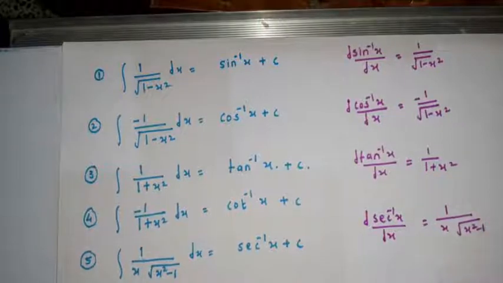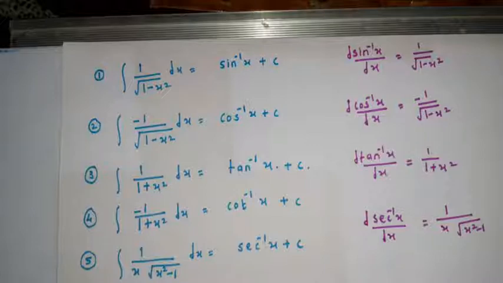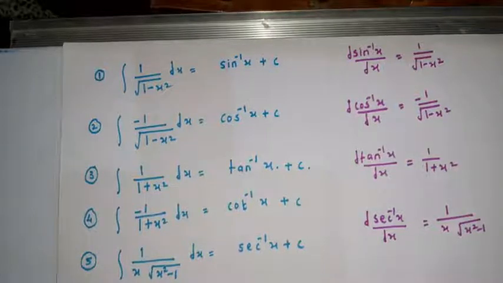So these are some formulae. Make the list of the formulae for integration, students, and prepare the list of important formulae, otherwise it will be very difficult for you to solve the problems of integration. So please make the list.